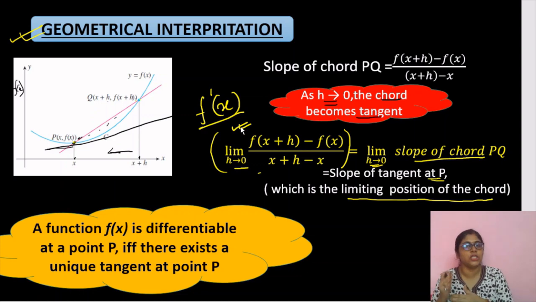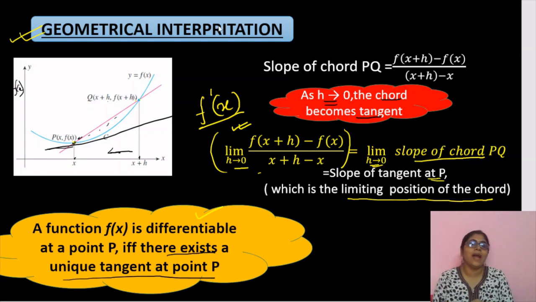The limit of the slope of PQ is the derivative or differentiation of the function f(x). So we can say that function f(x) is differentiable at point P if there exists a unique tangent at point P. That means there will be only one tangent at point P if the function is differentiable at that point.